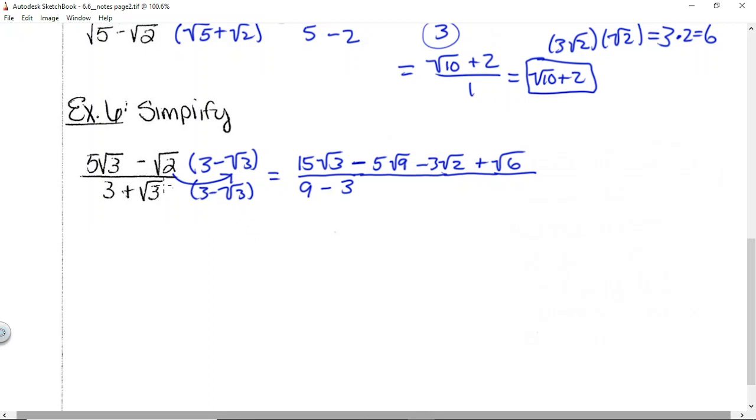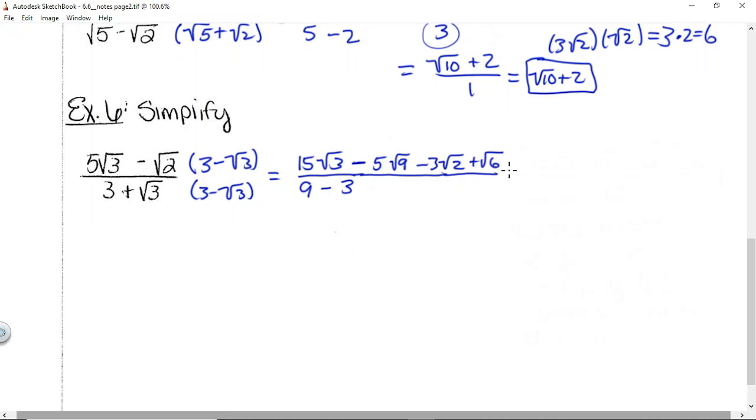Okay, it's positive because we have negative times a negative, so that's a positive. Let me get rid of that arrow. Plus the square root of 6.